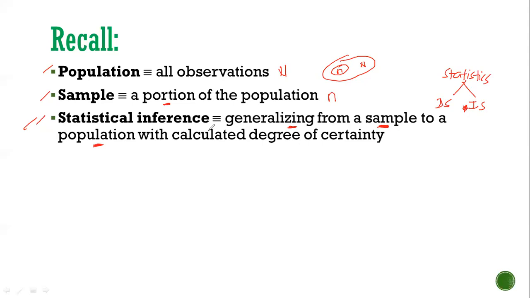Coming from a sample, we are going to study it, do some statistical tools, and then later on, we're going to generalize something from the sample towards a population with, of course, a calculated degree of certainty. What is this degree of certainty?